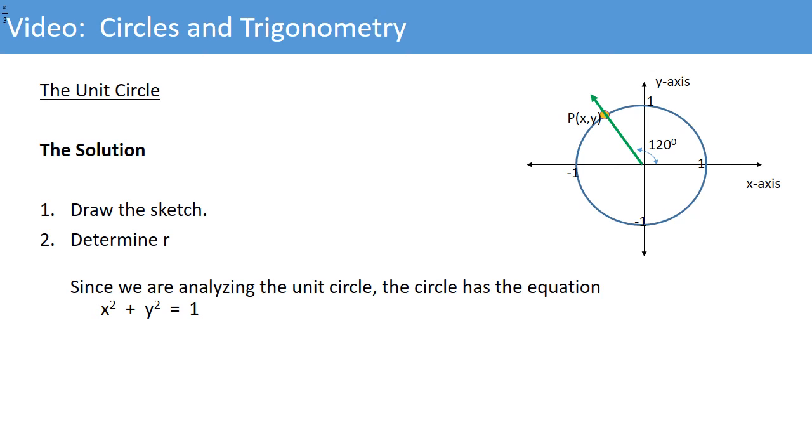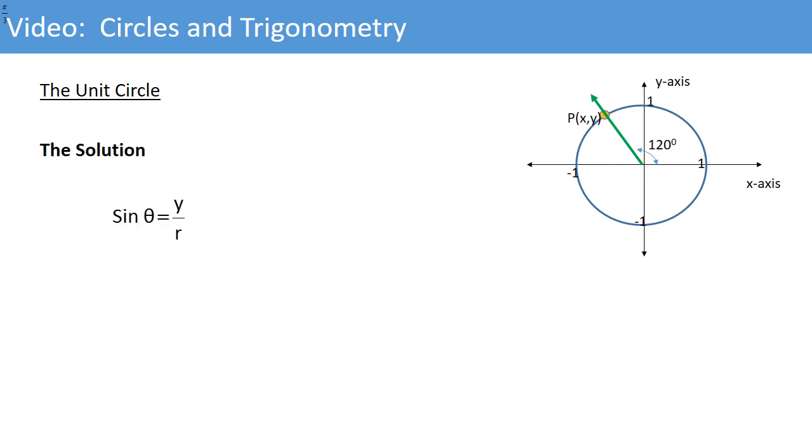X squared plus y squared, therefore, is 1. Now, sine theta is y over r. The sine of 120 degrees is y over 1. So the sine of 120 is equal to y. On your calculator, you would find that y is 0.866.